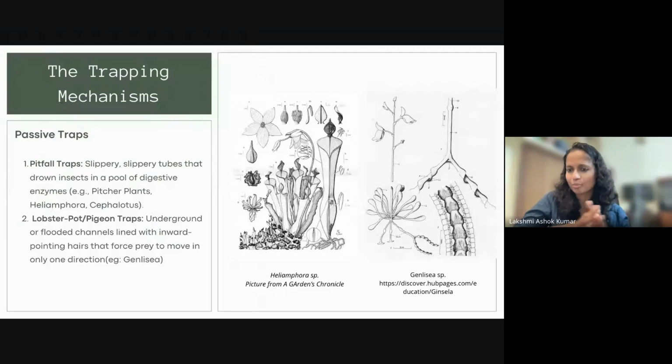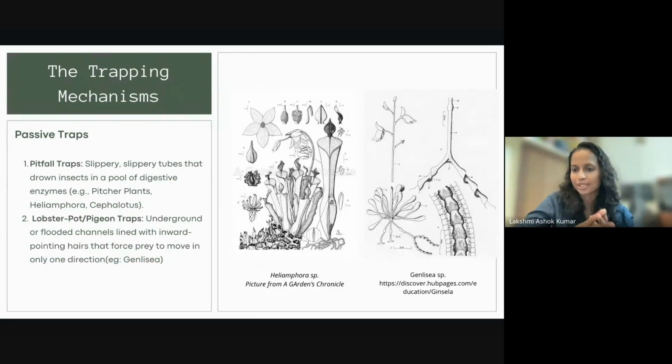One of the most common and interesting carnivorous plants are the Nepenthes, or the pitcher plant. Pitcher plants are usually the passive kind of trap, which has a pitfall trap. Nepenthes, Cephalotus, Heliamphora, and even Catopsis, and a few other carnivorous plants use this kind of trapping mechanism, that is a pitfall trap.